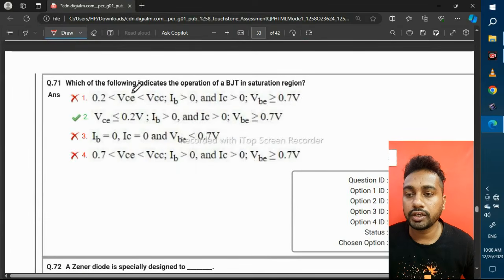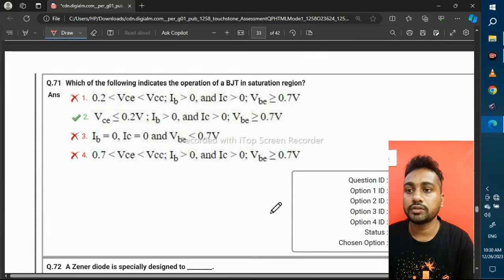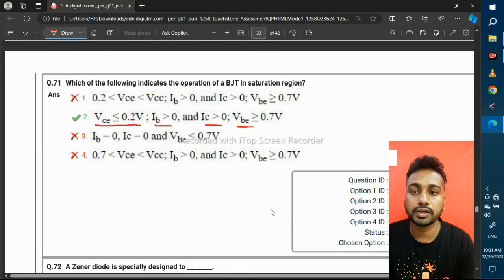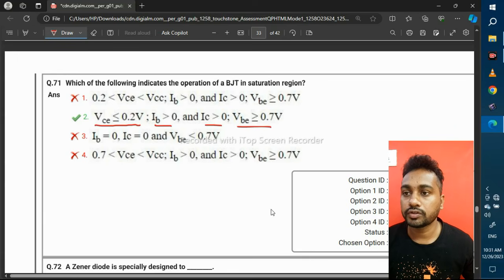Which of the following indicates the operation of the BJT saturation region? For the saturation region, the voltage of BC should be less than or equal to 0.2 volt, IB should be greater than 0, IC is also greater than 0, and VBE is greater than or equal to 0.7. These all conditions are good only for the saturation region, so option 2 is the right answer.